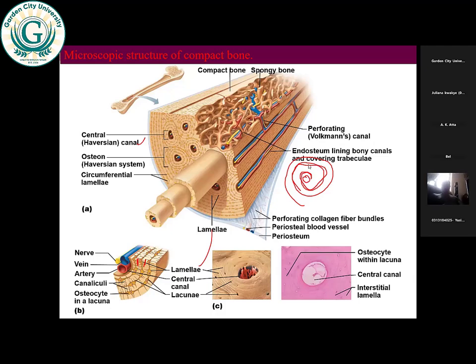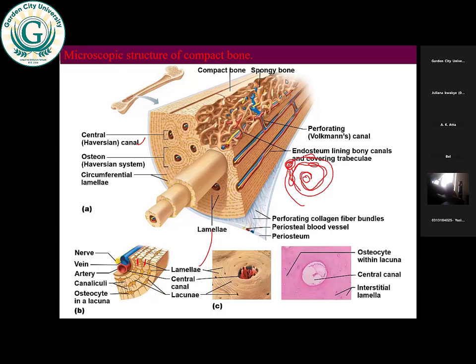So you're seeing the bone cells like this. These ones here, the osteocytes, the mature bone cells. Then another bone cell located here. And there are tiny gaps connecting them. Canals. In anatomy, tiny canals are called canaliculi.